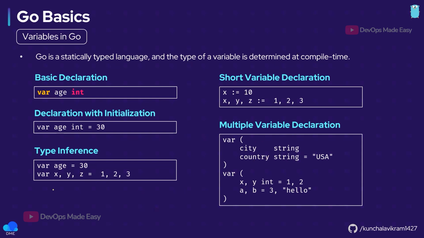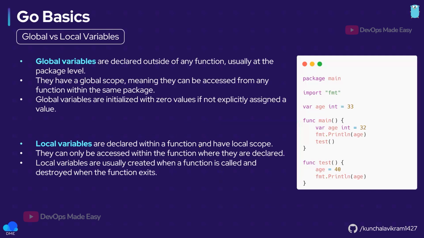So it is something like var. Okay, so x equal to 1, y equal to 2, and z equal to 3. So it is up to you whether you will write the data type here or not, because it will be type inferred. Okay, so this is one more way you declare and use variables.